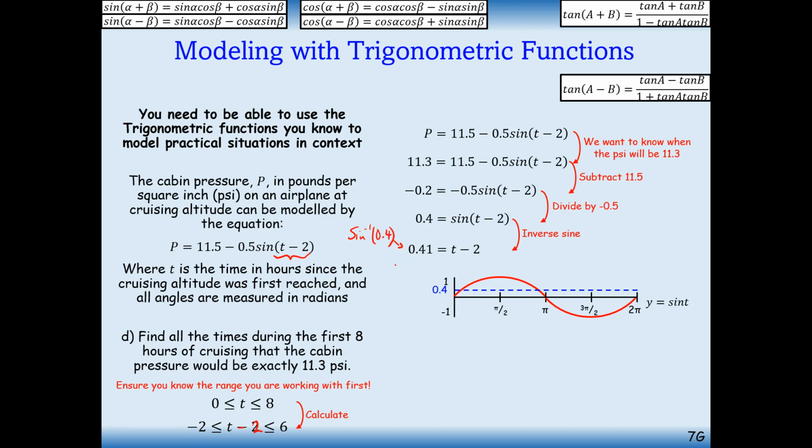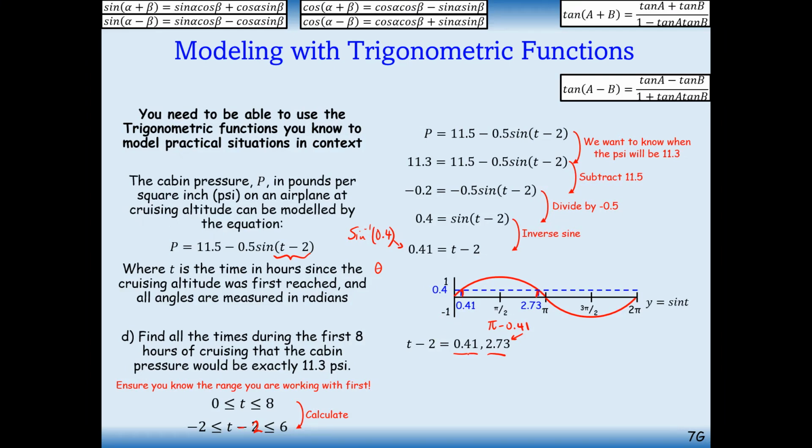Then we say sine angles will have their alternate value at pi minus theta. So pi minus 0.41 will give us the other value, which is 2.73. These two values need to be between minus 2 and 6, so we need to go ahead and consider adding or subtracting 2 pi.